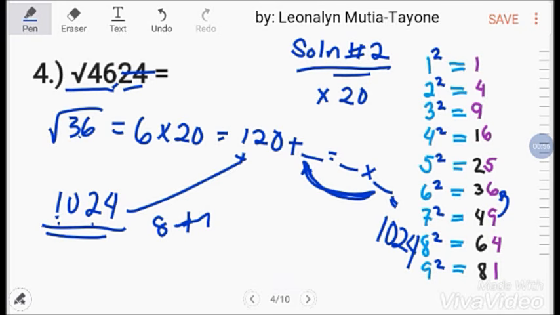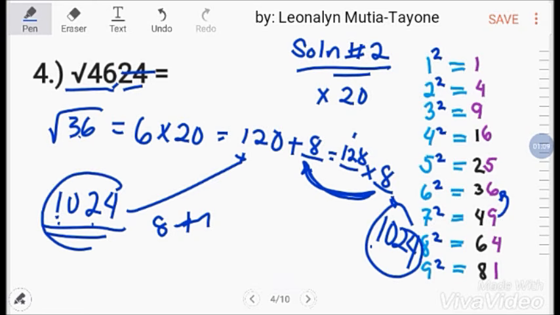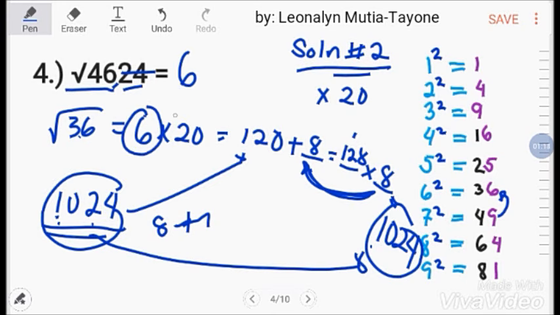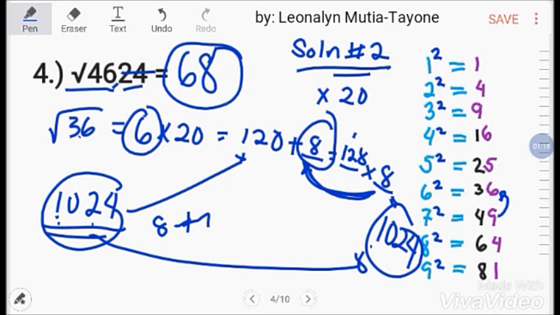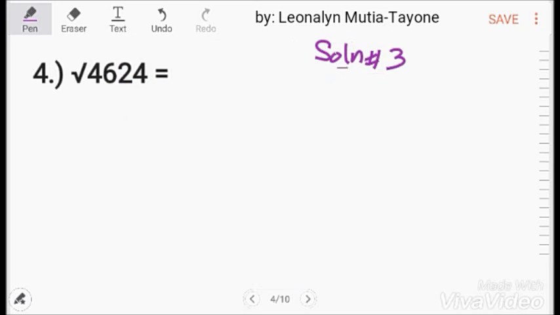So, gamitan natin ang 8. Plus 8 equals 128. 128 times 8. And the answer is 1024. So, pareho siya. Ngayon, itong 6 ay dyan at 8 ay yung second digit natin, and the answer is 68.